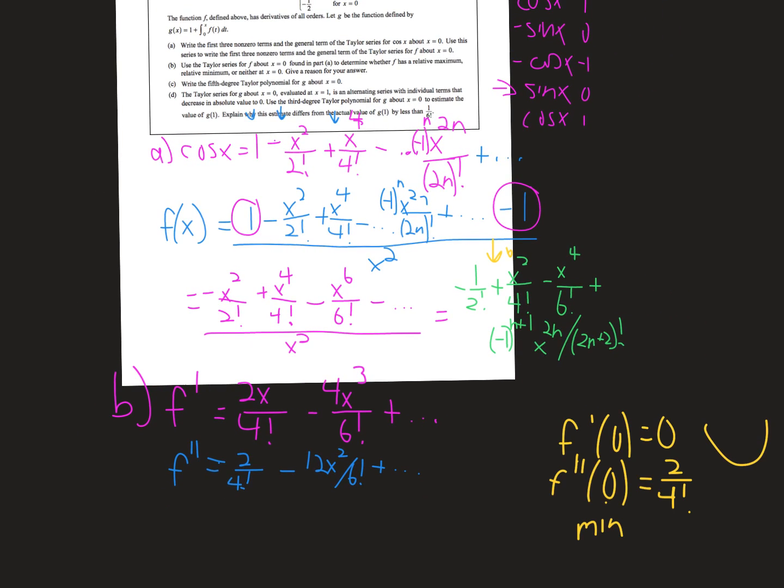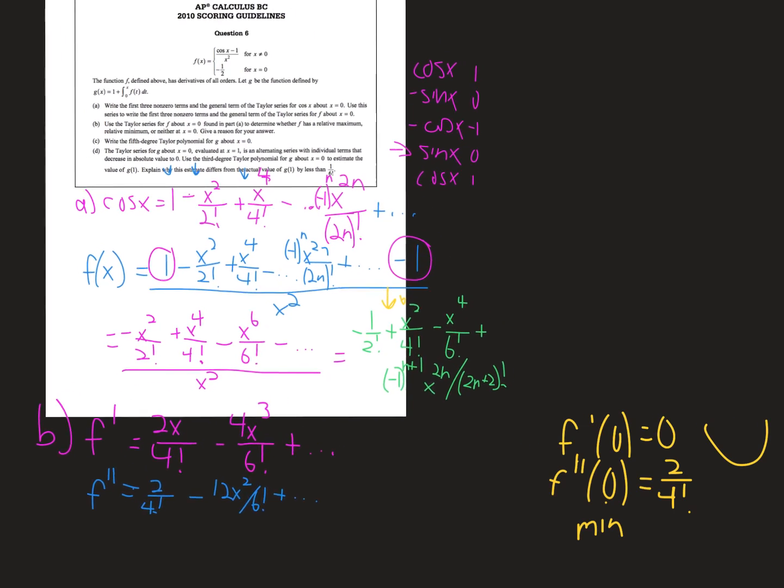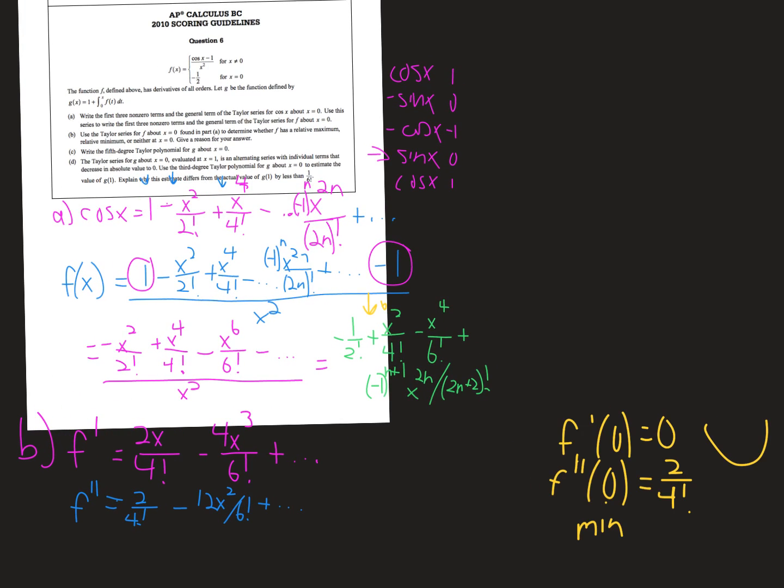Part C, 5th degree Taylor polynomial for g. So g is the integral of f plus 1. So for part C, we need to integrate f. So we know f is this one.